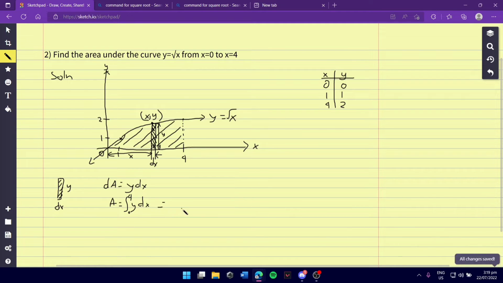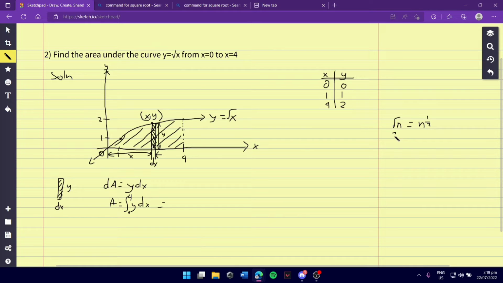Next, we will distribute the value of y. So remember that the square root of a number is equal to the number raised to 1/2.